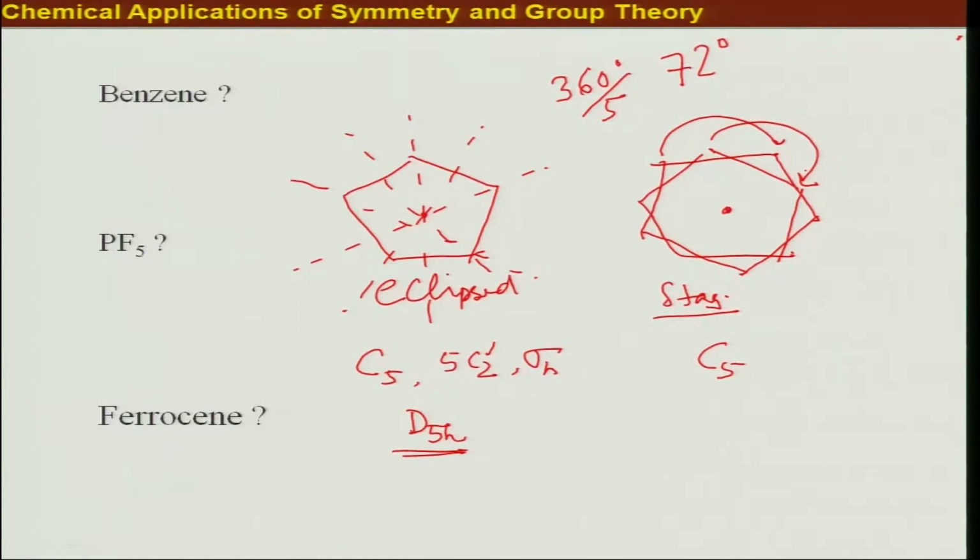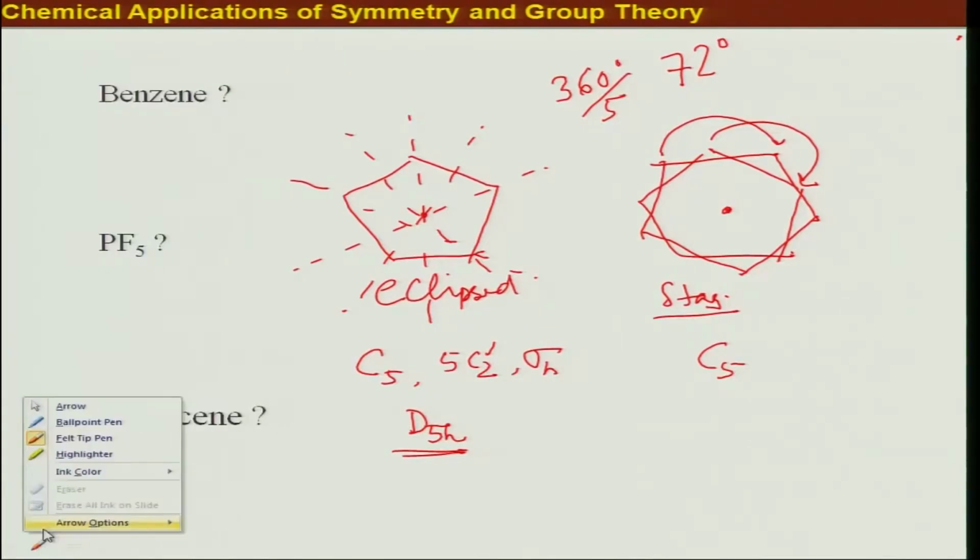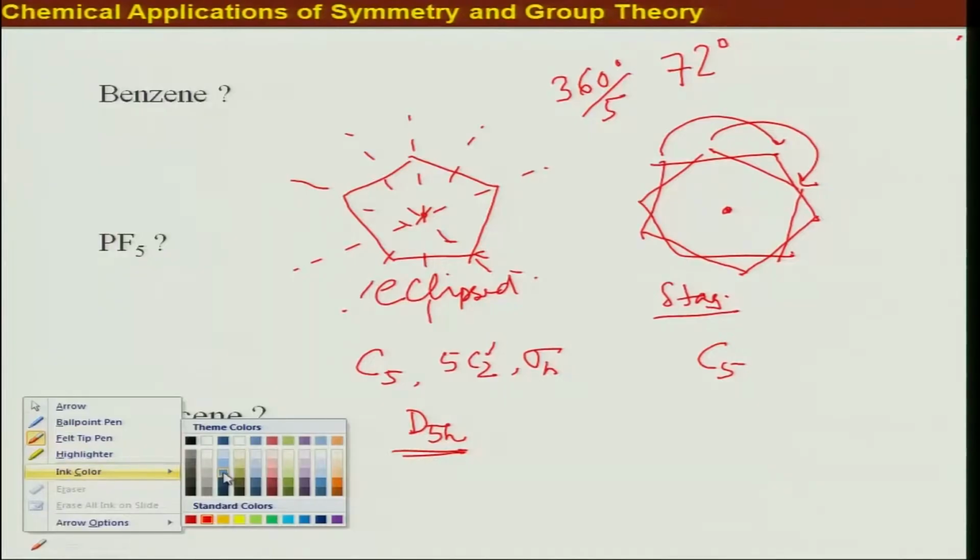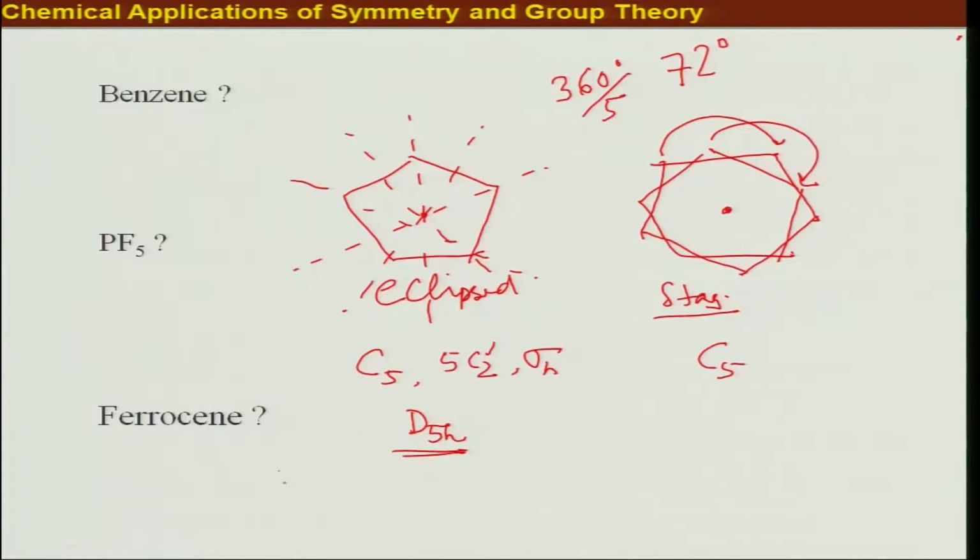Now, what about perpendicular C2s? Let me use another color so that I can separate this. Let me use something like green. So, say this is my top cyclopentyl group and the other one, in red color, is at the bottom.